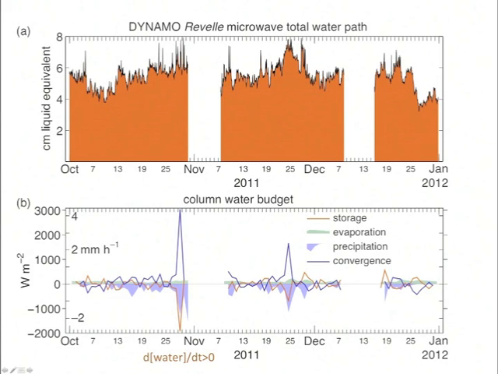It doesn't look like that particularly is happening in the days leading up to the convection, although it may be happening to some degree. It looks like convergence is more important at increasing the column water vapor and increasing the precipitation. So that's from those two events.